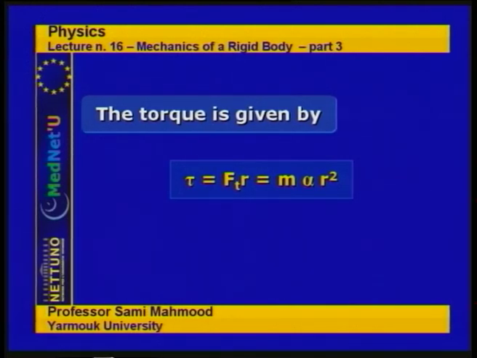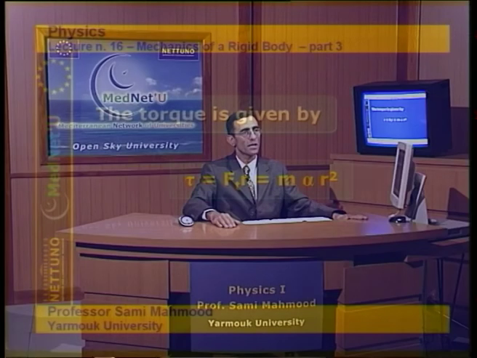Remember that F sub t is equal to m times the acceleration in that direction, which is a sub t, and the acceleration a sub t is simply alpha times r. So this will give us m times alpha times r, coming from a sub t, times r, which means m times alpha times r square. So the force will influence this rigid body by a torque that is equal to m alpha r square.